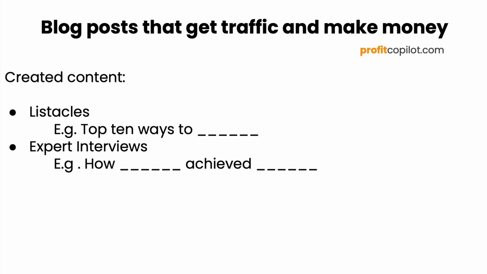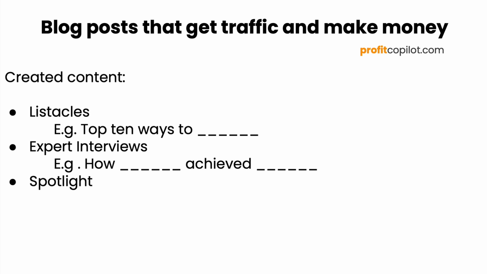So we speak to people who have achieved the same things that our audience wants to achieve. And that's why it's essential to know who you're talking to. We also have spotlights. So these are different from interviews because in an interview, we have to reach out to someone. We have to invite them to take part in an interview.